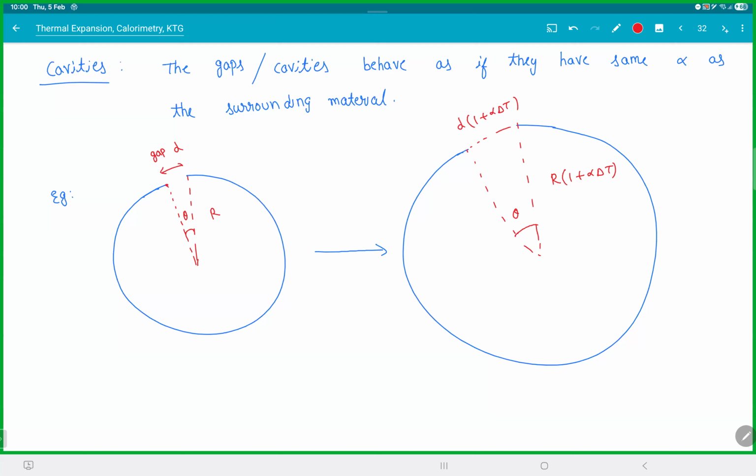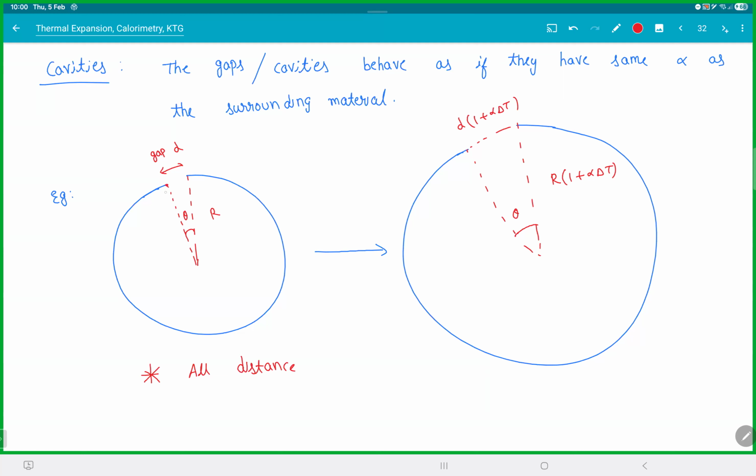So this is what I was saying. All distances will increase by a factor of 1 plus alpha delta t. Whether you have a gap or no gap, it doesn't matter. So even the gaps and the cavities become bigger when you increase the temperature. I'll give you one more example. These will be some theoretical questions. The most common misconception is they think the gap becomes smaller.